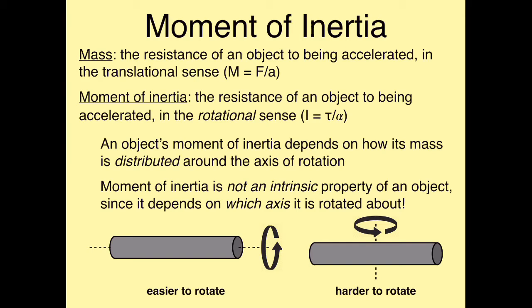On the other hand, if you rotate it about this axis, that's a lot harder to do. So it's the same object, but it has two different moments of inertia depending on which axis you try to rotate it about. So moment of inertia is like mass in the sense that it's resistance to being accelerated, but it's a little more complicated than that.